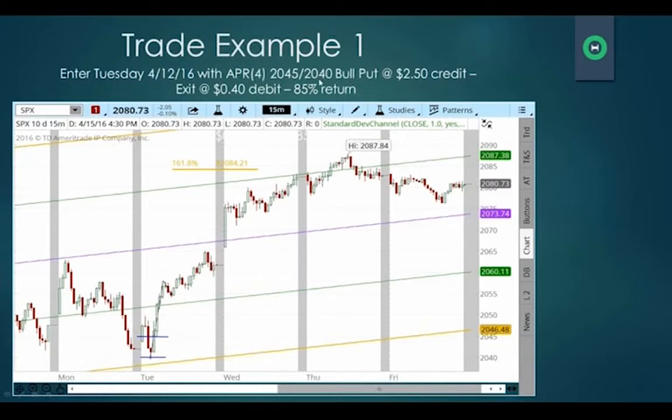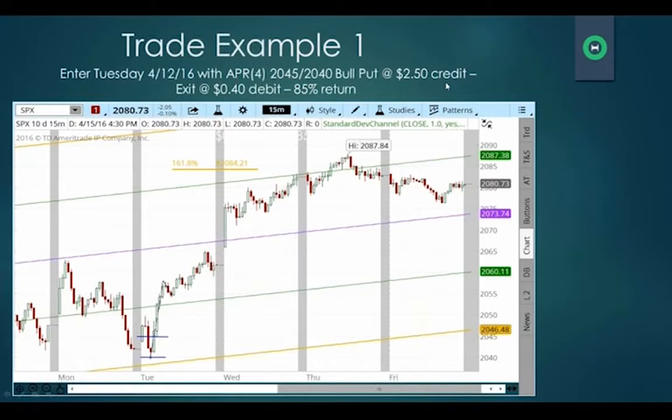What we did is we set up a bull put spread, and there what we sold is the 2045 and bought the 2040 for protection. Now, with that, we got a $2.50 credit.